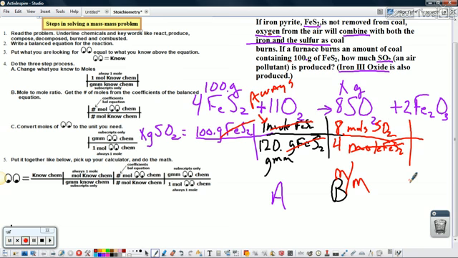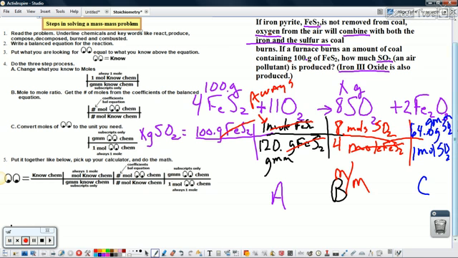Now my C step is to take the GMM and put it up here, and I'm going to put 1 mole of SO2 down here. For our significant figure thing, this is going to be 64.0 grams of SO2.